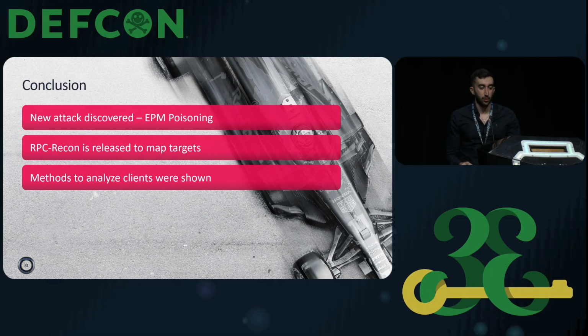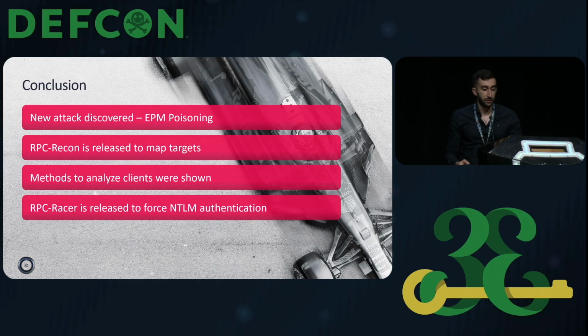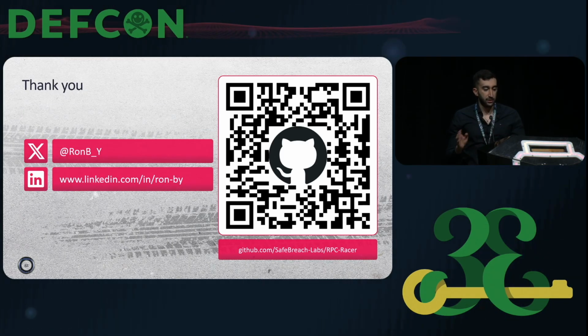After the target is found, I described how to analyze and exploit the clients. RPC Racer is released to show the implications of this attack. It manipulates a protected service to get an NTLM authentication of the machine account, and under certain configurations, it can have devastating results. Here is the link to the repository of the tools.